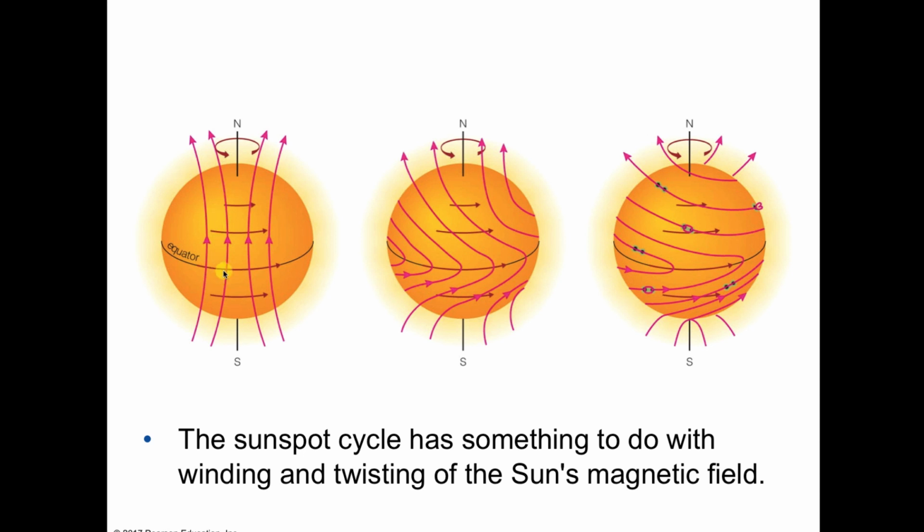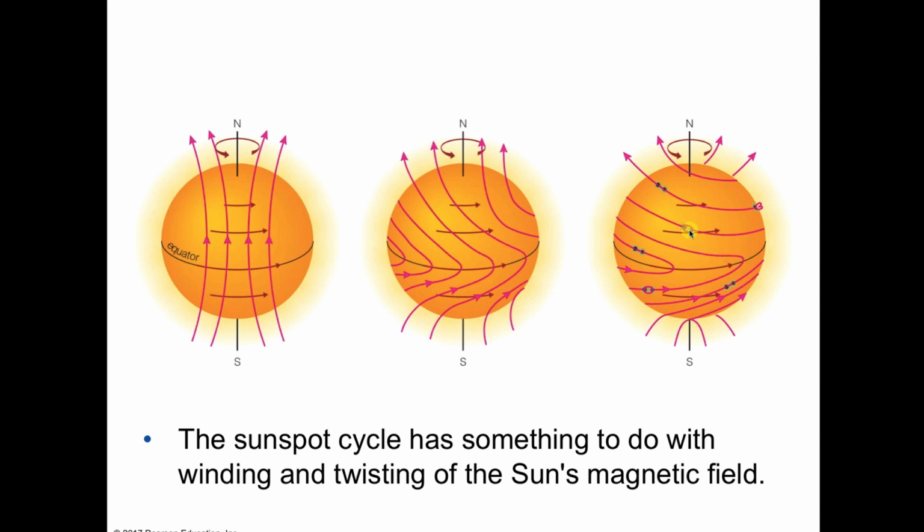If you think about a simple magnetic field of the sun, it might look like this. But over time, because the equator moves faster than the poles, the magnetic field lines passing through the equator tend to get pushed ahead of the magnetic field near the poles. The magnetic field lines get bent, and over more and more time, the magnetic field gets more and more bent and starts to get twisted up.